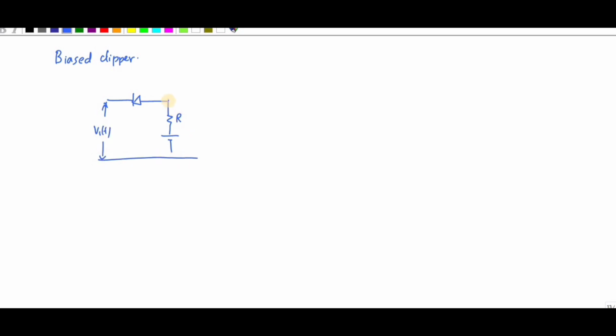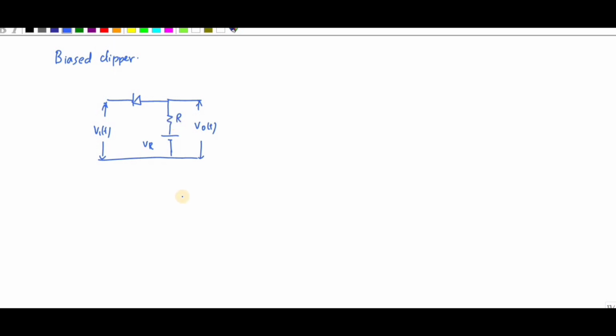This is the circuit diagram. You can see this one is the same as the positive clipper, but with an extra biasing voltage. This bias will help to remove a small portion of the positive or negative cycle. Hence this is called a biased clipper.